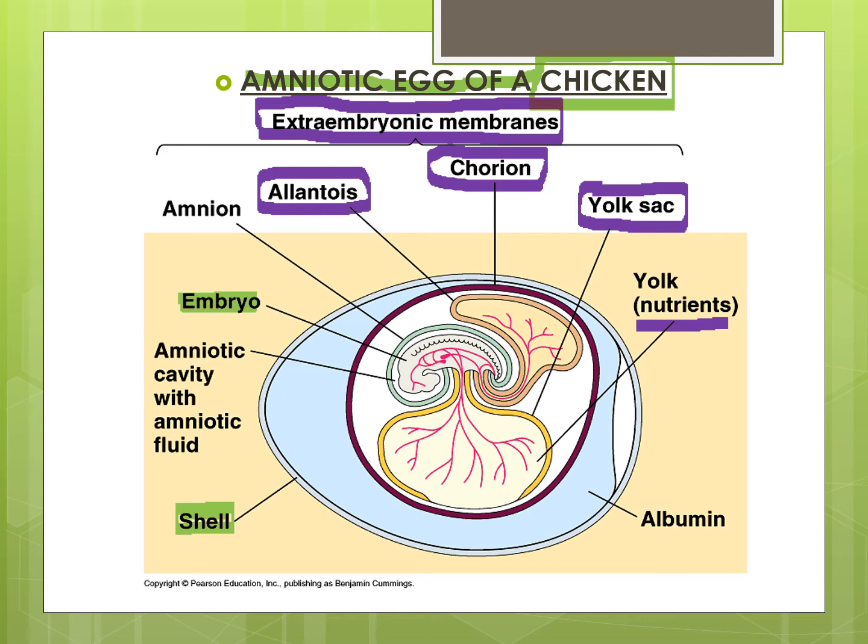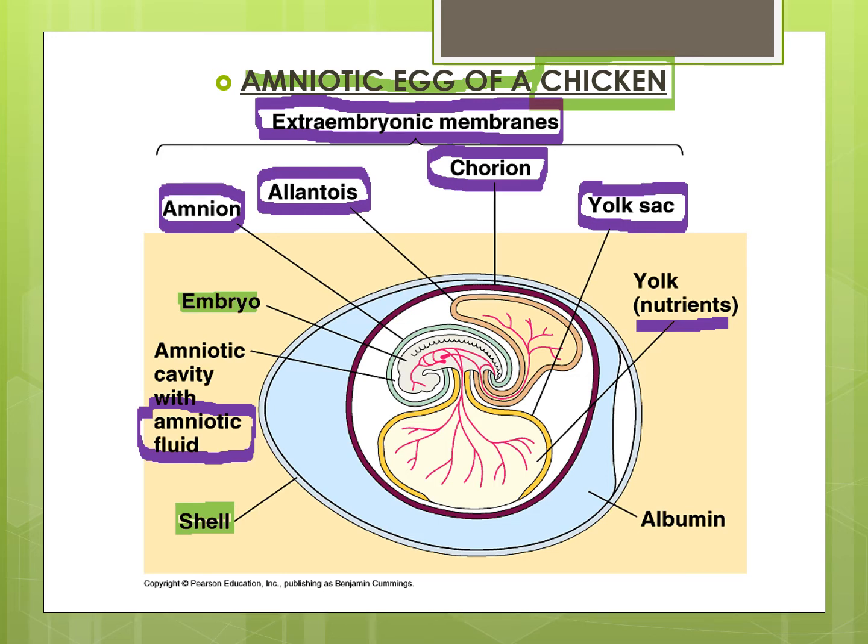And lastly, with regards to your extraembryonic membranes, we have the amnion, which contains amniotic fluid, and your amniotic fluid helps to keep your temperature constant, and it also helps to prevent the embryo from experiencing a lot of shock if the egg has to move. So in other words, it plays a role in shock absorption.